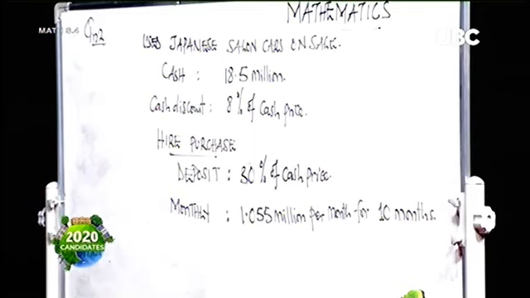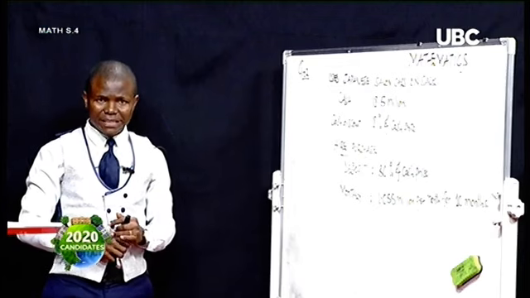Monthly hire purchase installments are 1.055 millions per month for 10 months.